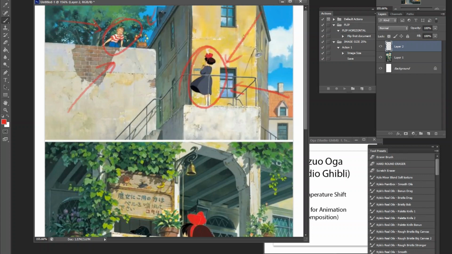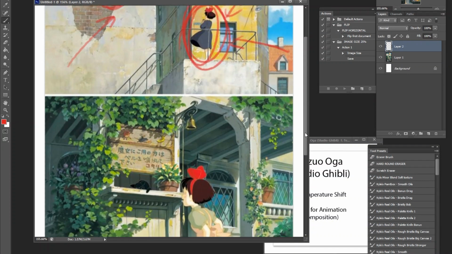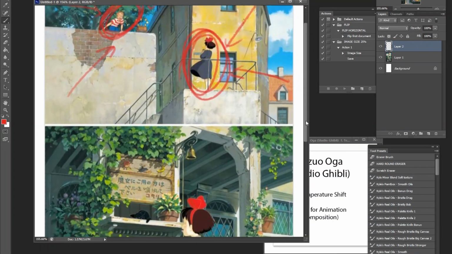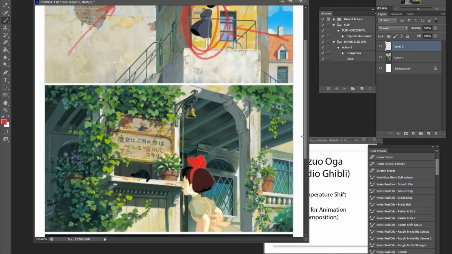No matter how you draw these characters, if they're moving on a still image, they will catch attention over everything else, meaning these secondary focal points are not going to conflict with each other, because again, the main characters are catching the most attention. Now, of course, this doesn't mean you have to forget all the fundamentals of composition.